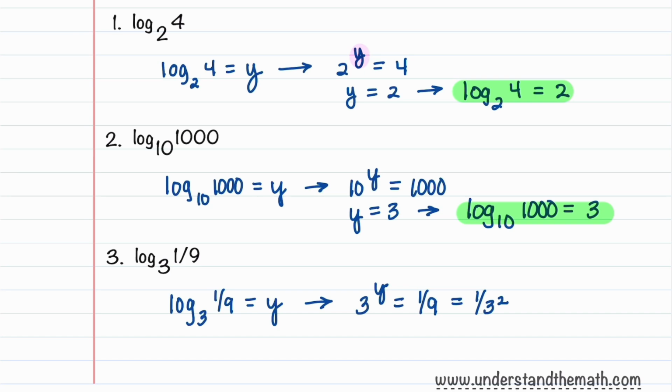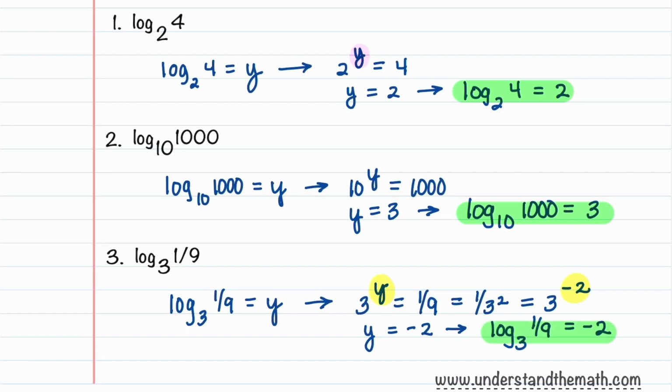But we don't want to have a 1 over 3, we want a 3, so we're going to invert this fraction and write it as 3 to the minus 2. Now all we have to do is just equate our powers, and we can see that our y is equal to minus 2, so that tells us that log base 3 of 1 over 9 is equal to minus 2.